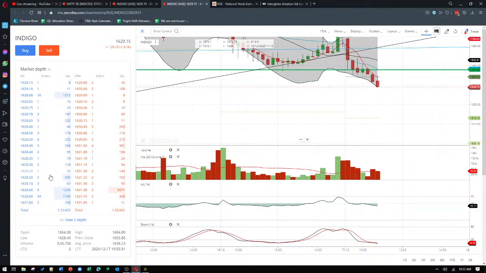And down the line, 1628 is also having a very good volume, meaning the number of open orders. So now 1628 is built up with 34 open orders with a quantity of 1000. Again the same question, why are people interested in this round figure when they have the opportunity to take profit and exit soon?